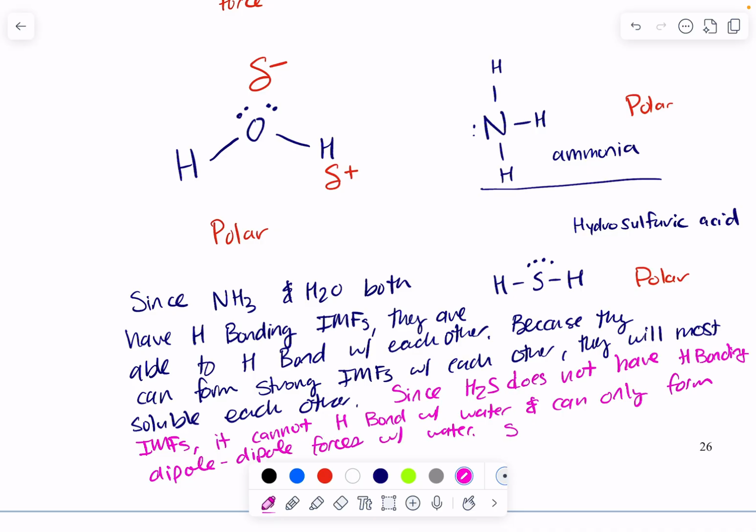And I would just say, since this is a weaker interaction, this results in just less solubility in water.